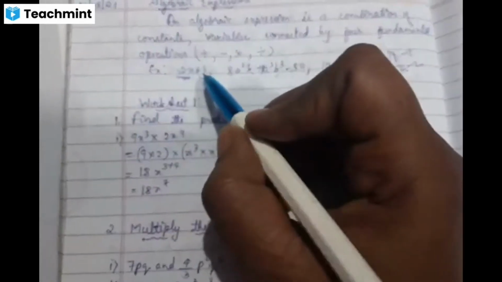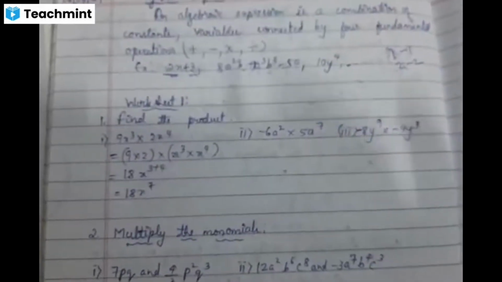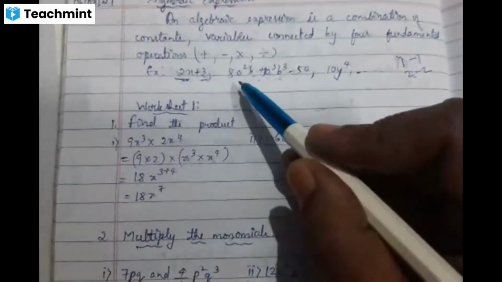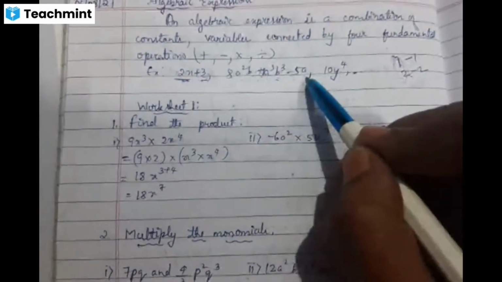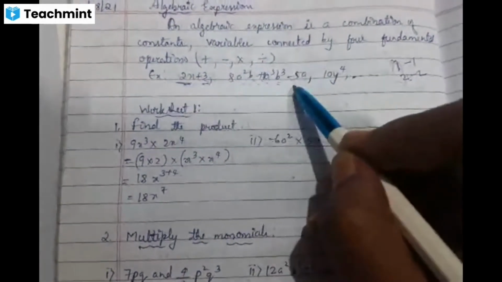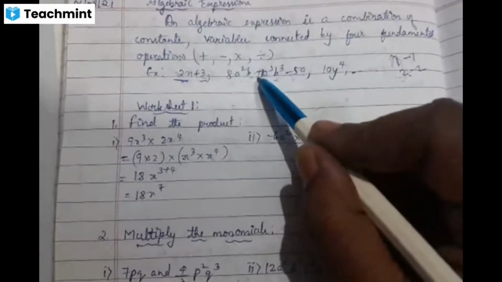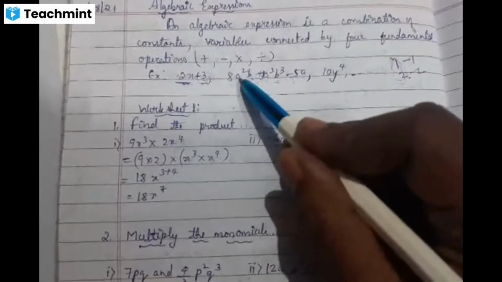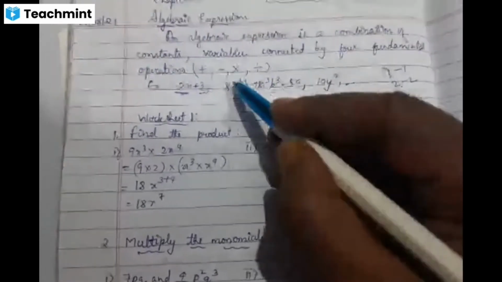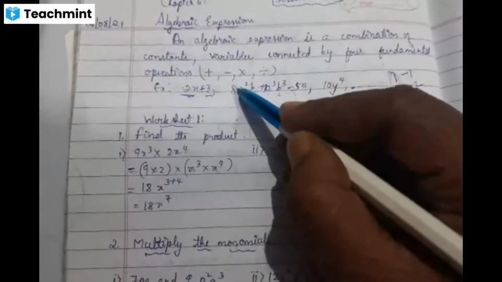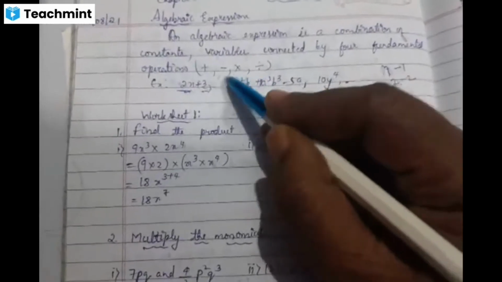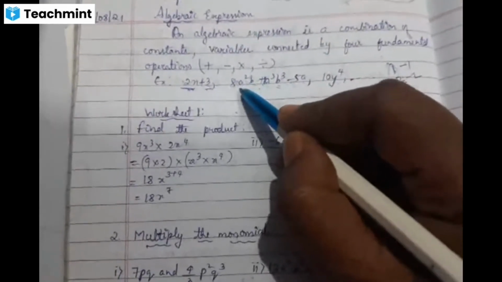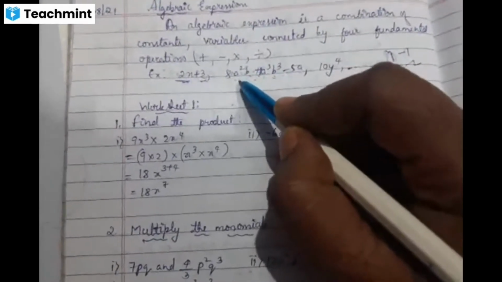Come on, tell me. Find out how many terms are there in this algebraic expression, children. Here you have plus, here you have minus. What about these? Here, if nothing is there, it is understood that you will be having multiplication sign. But don't bother about multiplication and division sign, children.